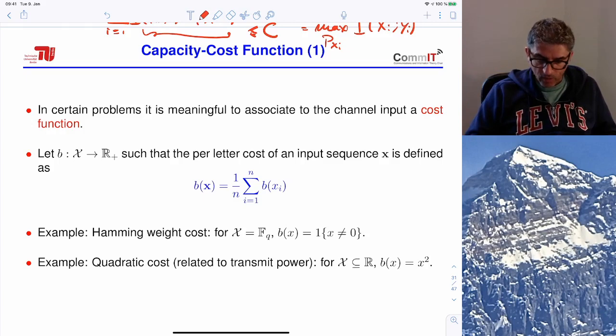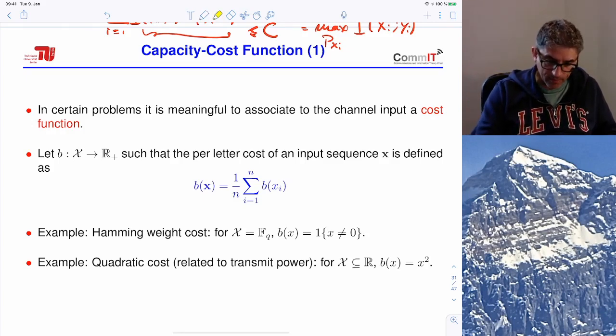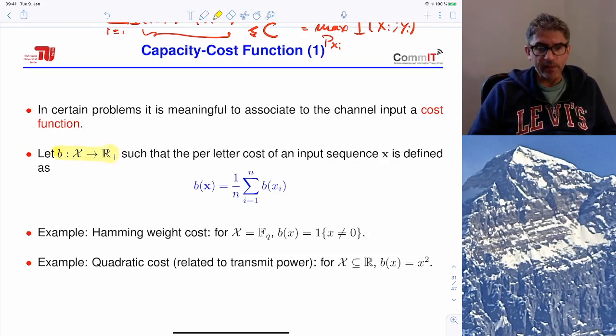So in general, we define a cost function as a mapping B from the input alphabet to the non-negative reals, for which the cost of an input sequence x is simply the average cost per symbol, 1 over n times the sum of the cost of the symbols, B(x_i).